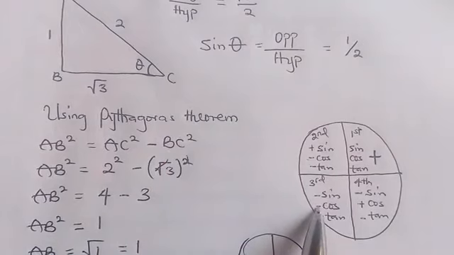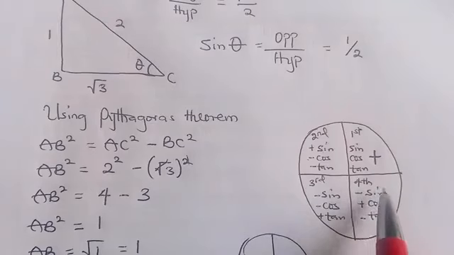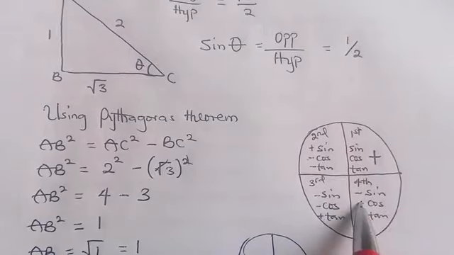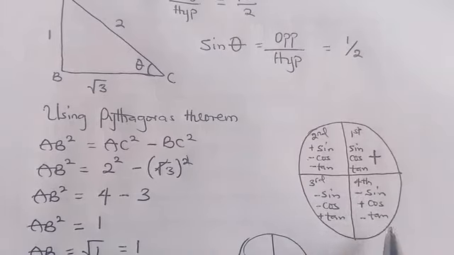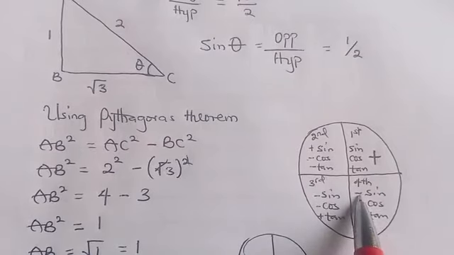Again, cosine here is negative, but in the question given to us, root 3/2 is positive. So it means the fourth quadrant is where you are having that data from, where the cosine of angle is positive, and then we are told that the tangent of that angle is negative, implying that the sine too should be negative. Cos theta is positive. They said tan theta is negative, so sine theta too should be negative.